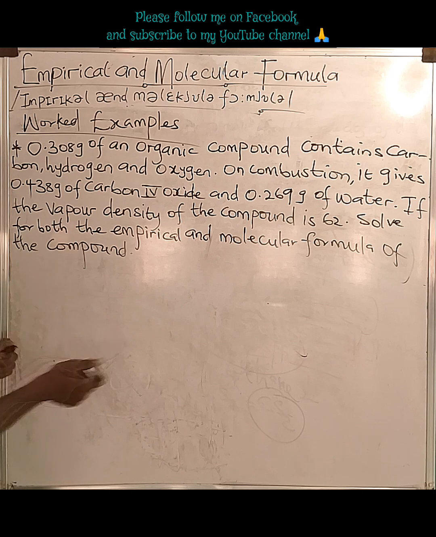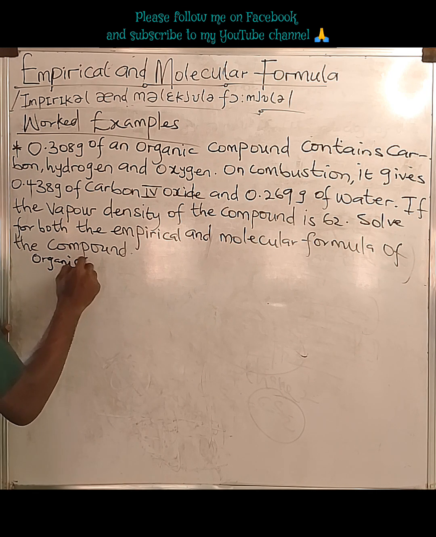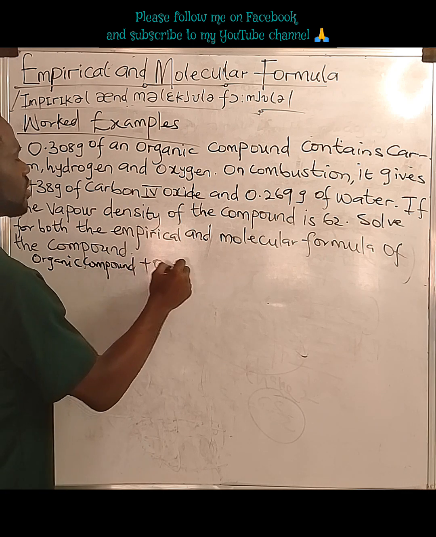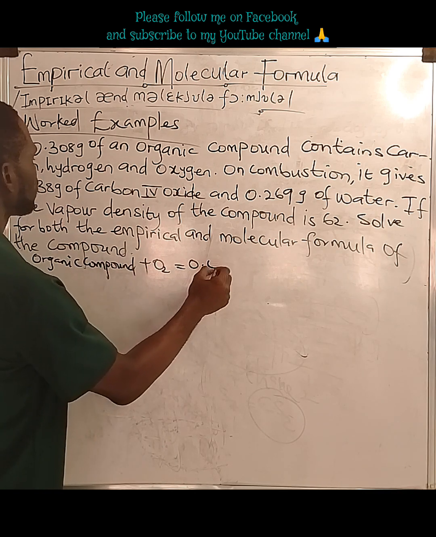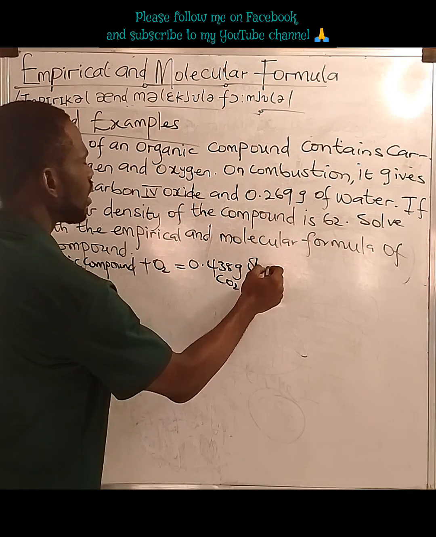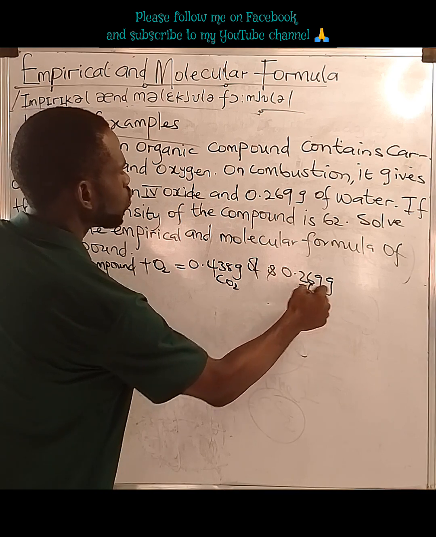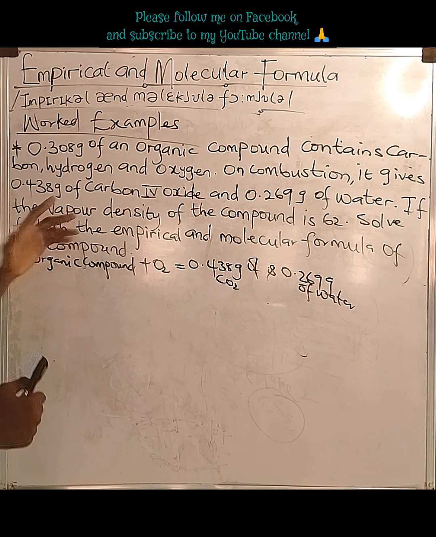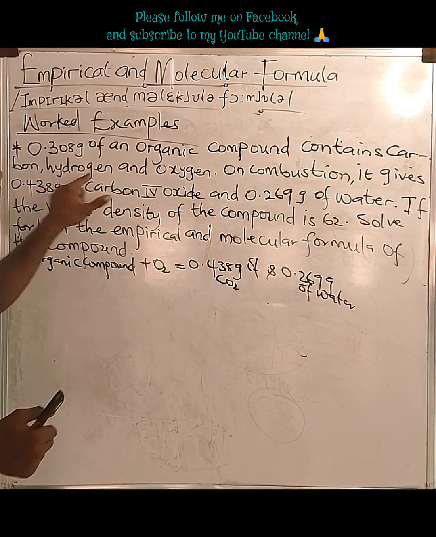Let's say organic compound plus oxygen gives us 0.438 gram of CO2 and 0.269 gram of water. Don't forget, according to the question, the organic compound has carbon, hydrogen, and oxygen.